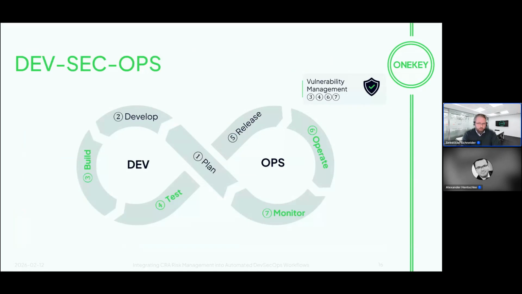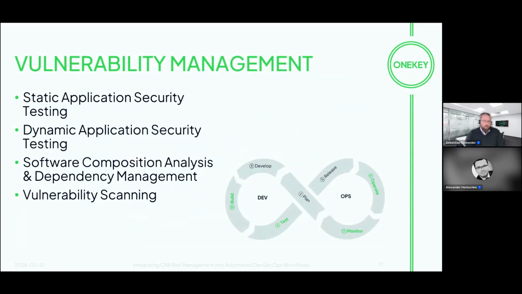Next topic would be vulnerability management. And this is relevant not only for the development phase, but also for the operational phase of a product. Vulnerability management could include things like static application security testing. So if you already have static code analysis in place, definitely keep it up, use it as much as possible. Dynamic application security testing could include things like fuzzing, so hitting your external interfaces with random data to see how your application reacts.